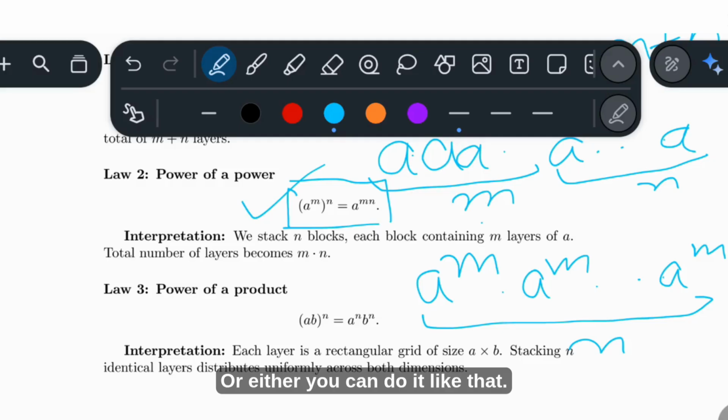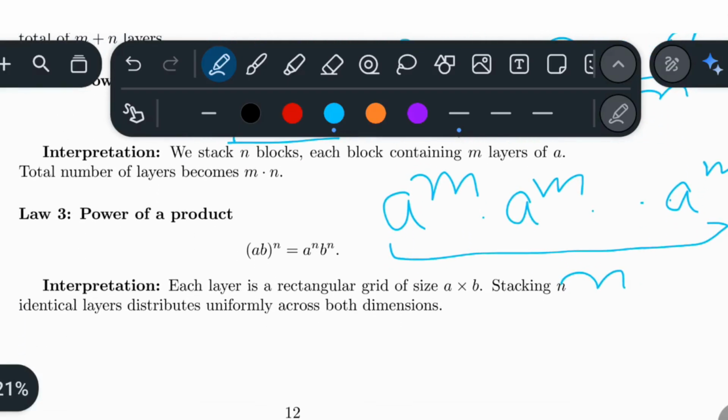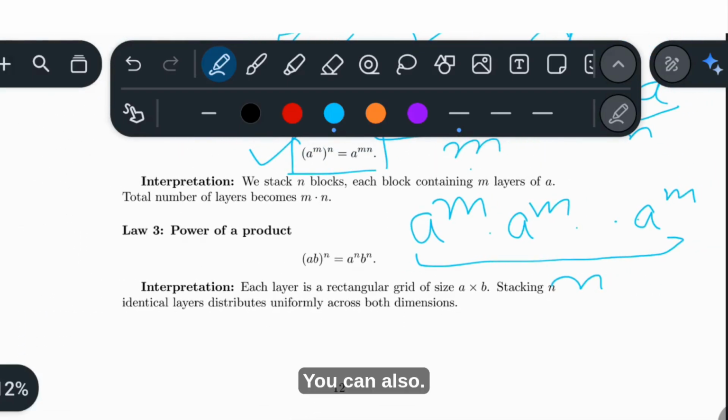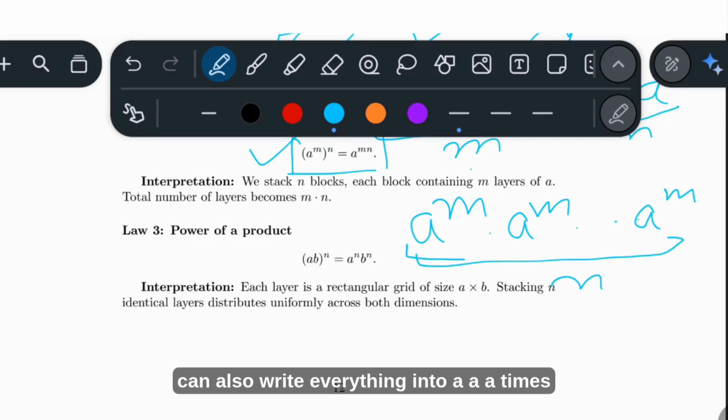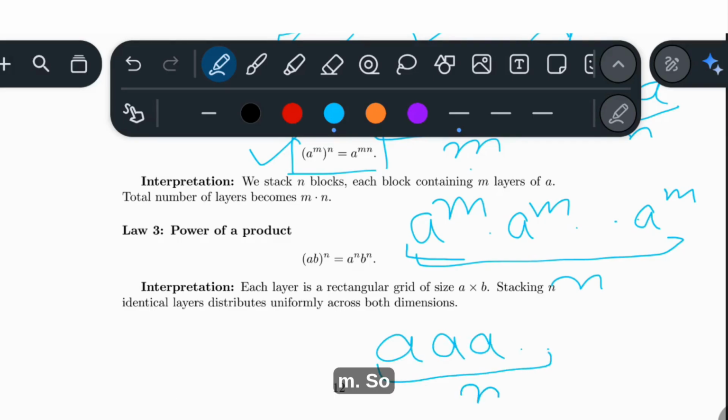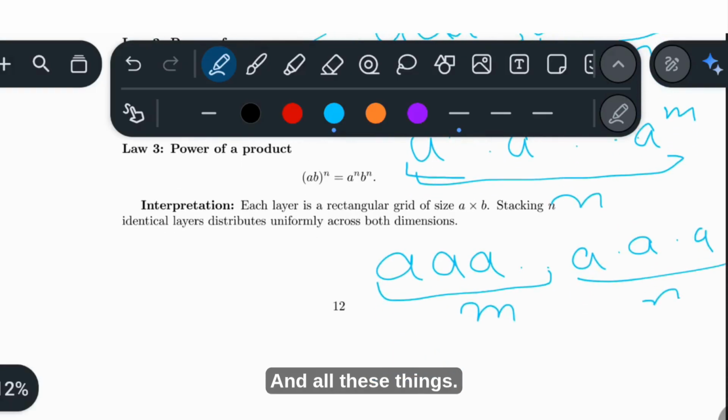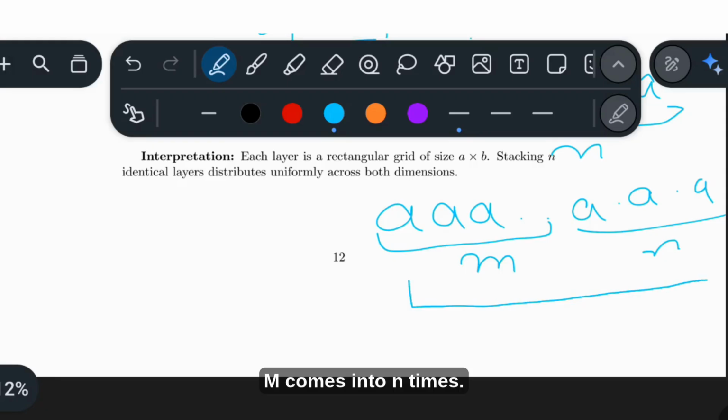Or you can also write everything as a times m, and all these things, the m comes n times.